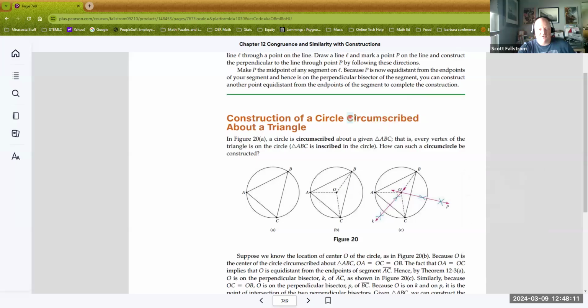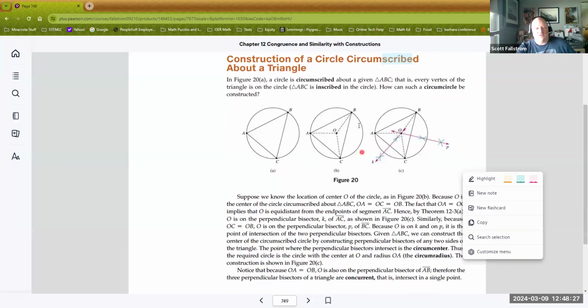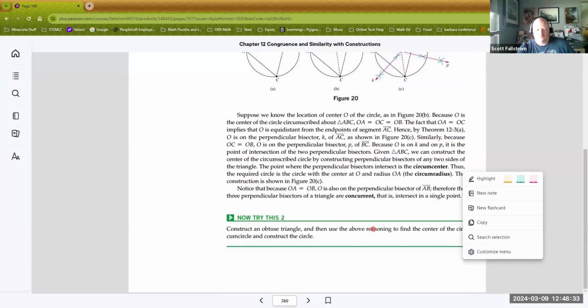One of them is circum, which means to go around, and the other is scribe, which means to draw. So if you want to draw around a triangle, we're making a circle that draws around the triangle. That's what the word means. We'll also see one that is inscribed, but that goes inside of the triangle. And we'll see how we build those.